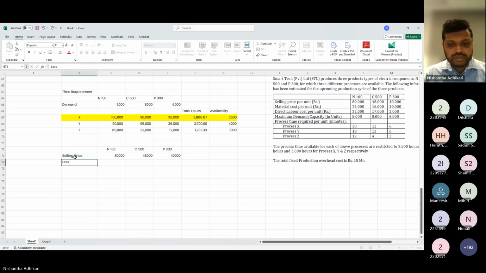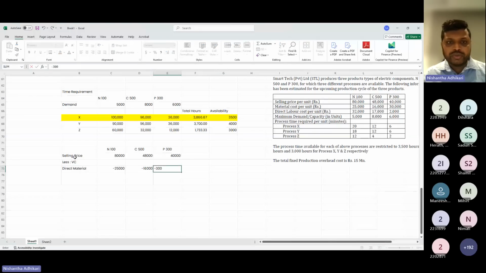Less variable cost. Direct material: 25,000, 16,000, and 30,000.